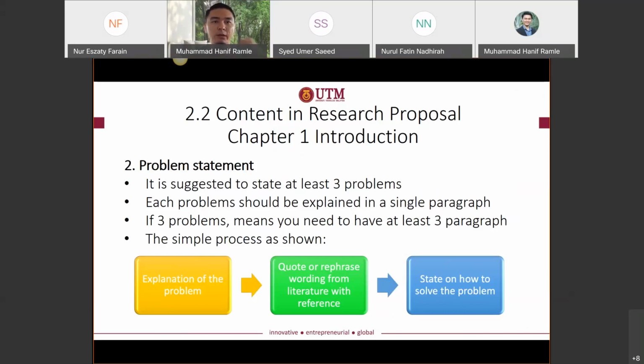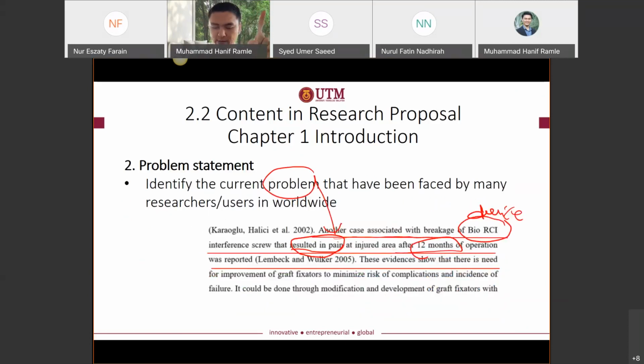Again, at least 3 problems, and for each problem I suggest to my students that you put it in a single paragraph. So one paragraph discusses one problem. Let's say the first one is the problem on the existing device.